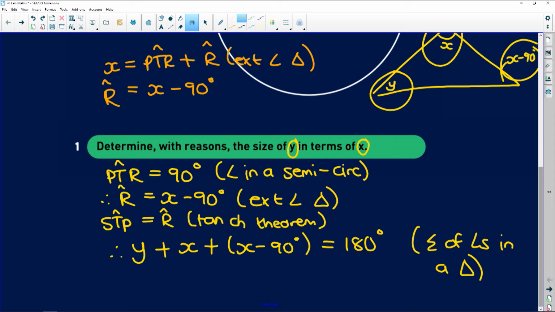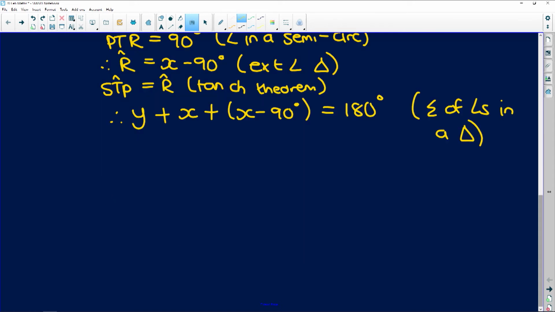Okay, so now if we simplify, Y plus 2X minus 90 degrees, remember, if I take this positive and distribute it into the bracket, a positive times a negative is a negative. So minus 90 degrees is equal to 180 degrees, and that all came from our interior angles of a triangle.